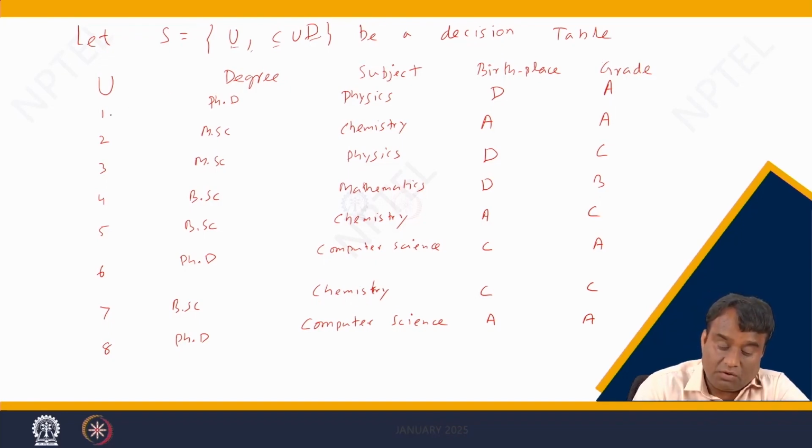For 1: degree PhD, subject physics, birthplace D, grade A. For 2: MSc, chemistry, birthplace A, grade A. For 3: MSc, physics, birthplace D, grade C. For 4: degree BSc, subject mathematics, birthplace D, grade B. For 5: BSc, chemistry, birthplace A, grade C. For 6: degree PhD, subject computer science, birthplace C, grade A. For 7: degree BSc, subject chemistry, birthplace C, grade C. For 8: degree PhD, subject computer science, birthplace A, grade A.